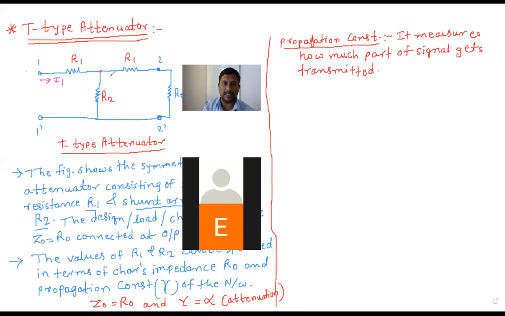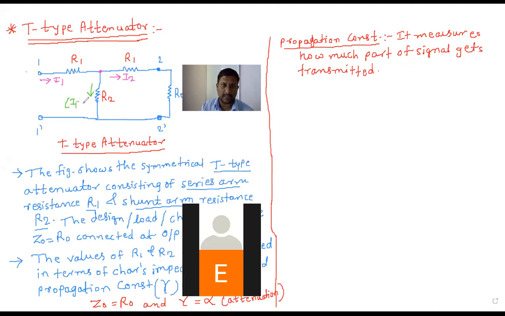Then I take this current as I2. According to two port network, from the second port we consider the I2 current, no? So I will mark the I2 current here. Now next, if the I1 current is flowing up to this point and I2 is flowing from this next point, what will be the current flowing through R2? I1 minus I2. Yes, so the current flowing through R2 is nothing but I1 minus I2.